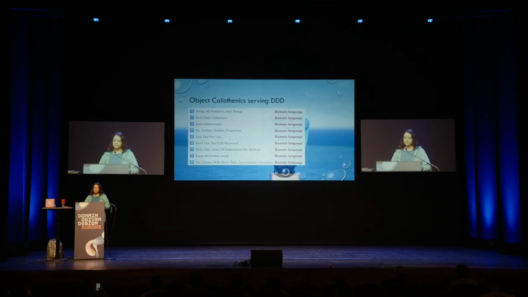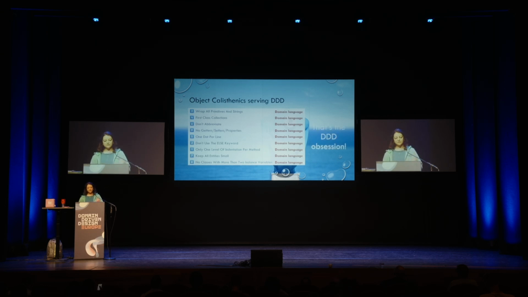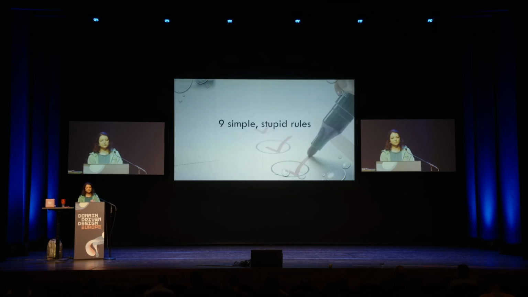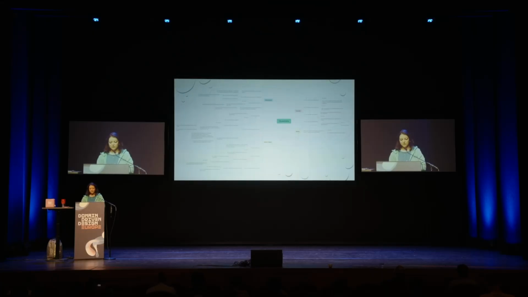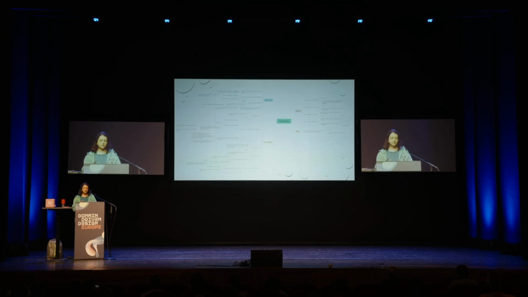At the end, we consider that all these rules encourage and make explicit the domain language, and that's our DDD obsession. So we have just 9 simple and stupid rules that work. So use them, and you will see the consequence. For my coaches, I created an Xmind containing questions to ask themselves if they are well implementing patterns.